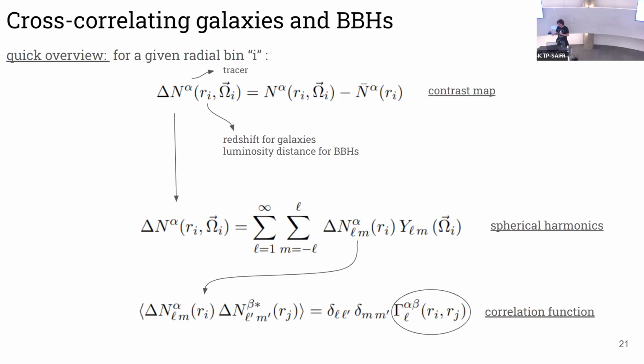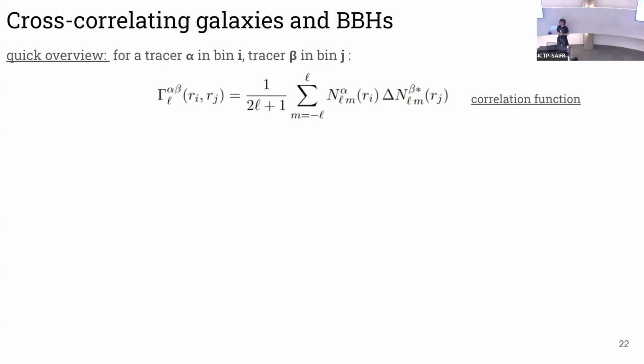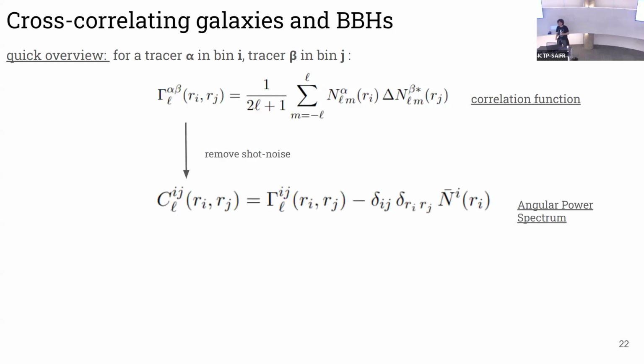So that's the basic idea. Because we only have one universe, you have to average over the m modes. So this is what we call the correlation function. But now we have to remove noise, because these contain noise, which is proportional to the number density of your sample. And then the real signal that you have is what we call the angular power spectrum, which is this C_l.